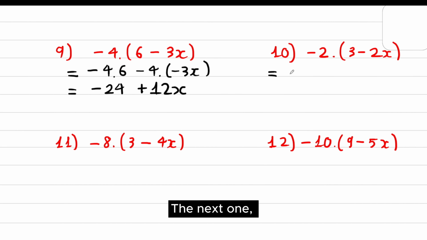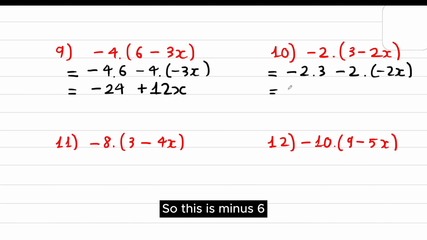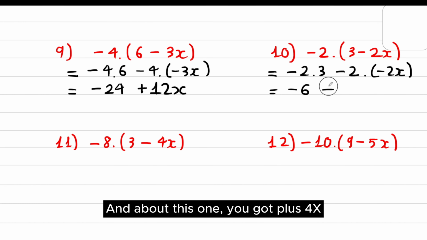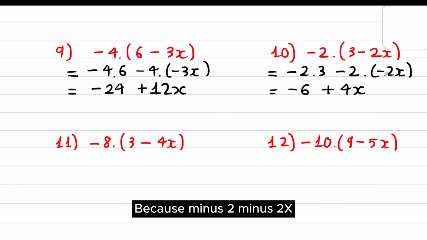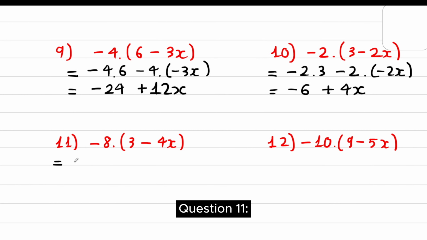Okay, the next one you get -2 times 3 and -2 times -2x like this. So this is -6, and about this one you get plus 4x because minus times minus is positive. So 4x here.